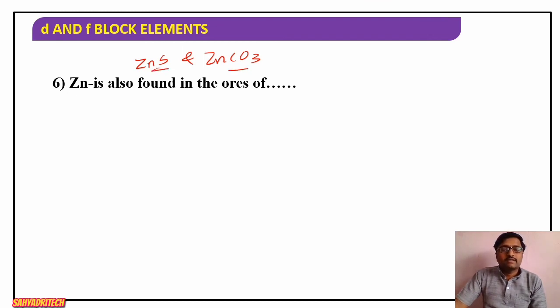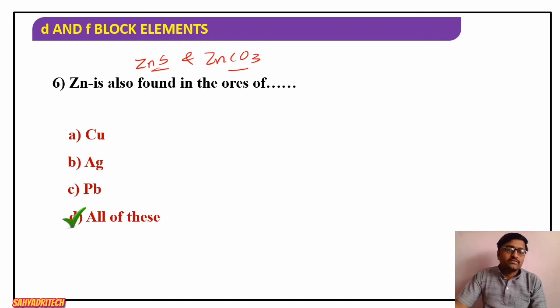Along with these, zinc is also found in, first option copper ore, silver ore, lead ore, all of these. What is the answer? All of these. Along with ZnS and ZnCO3, zinc is also found with copper ores, silver ores, and lead ores. So the answer is all of these.